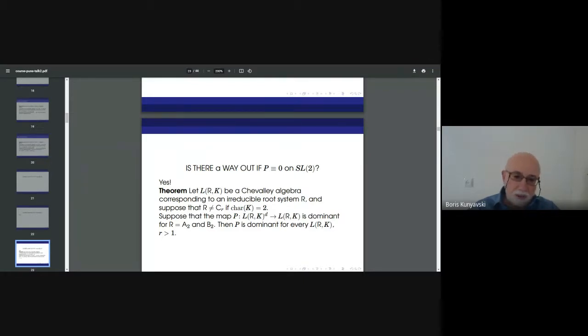Also, another thing which is to be modified, if you remember, we used in an essential way the fact that the image of any word map is invariant under conjugation. A similar principle holds in the case of Lie algebras, because here the image of a Lie polynomial is invariant with respect to the so-called adjoint action of the corresponding algebraic group.